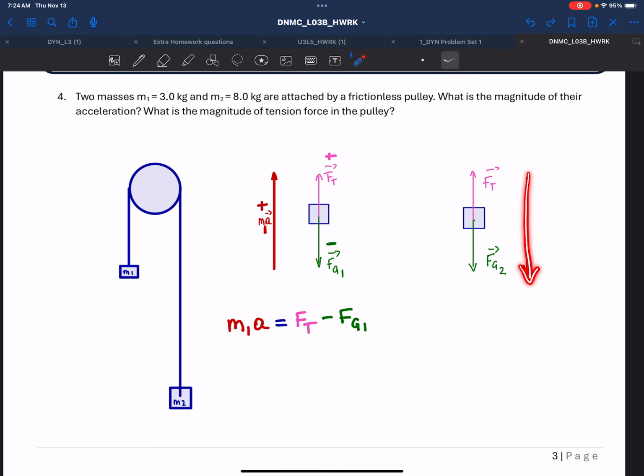And the net force, the way we measure this net force thanks to Newton's second law, will be measured with the product of the mass M2 times A. Now, in a similar way, we're going to create the equation. We're going to have the directions first.